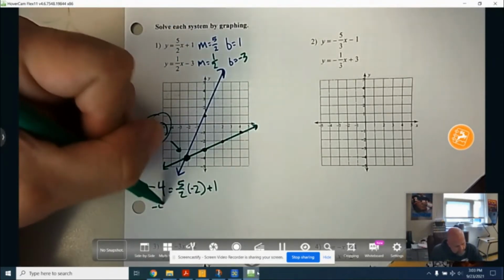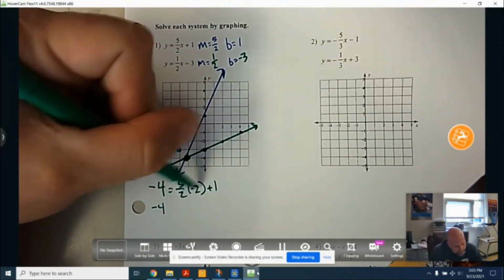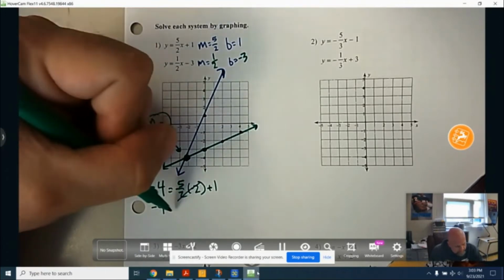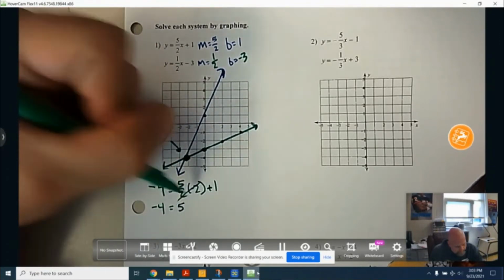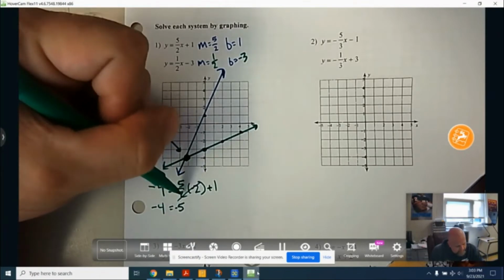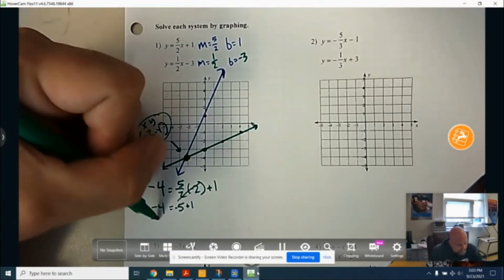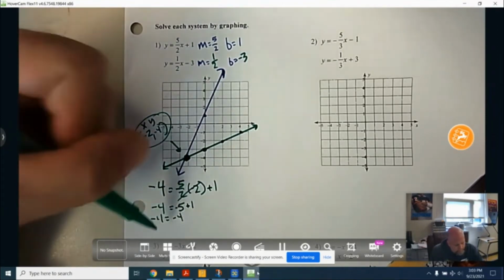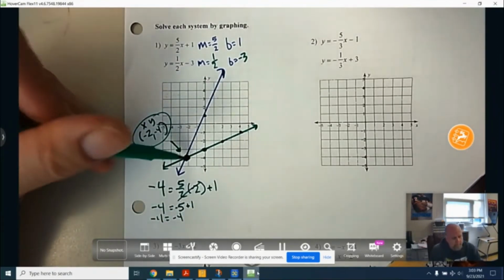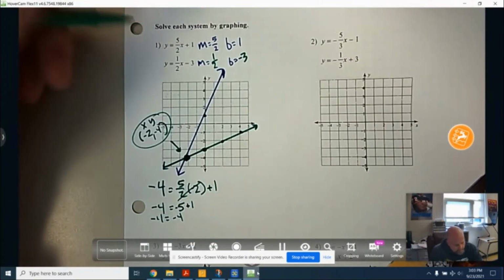So I get -4 equals, the 2 cancels out, and you're left with -5 because of the negative being multiplied, plus 1. And -4 does equal -4. So that tells me that point is found on that line.